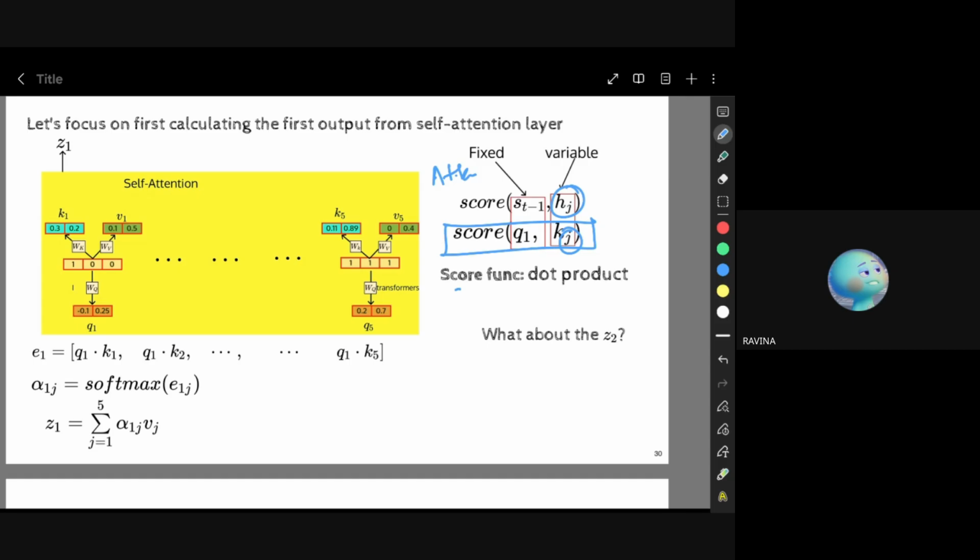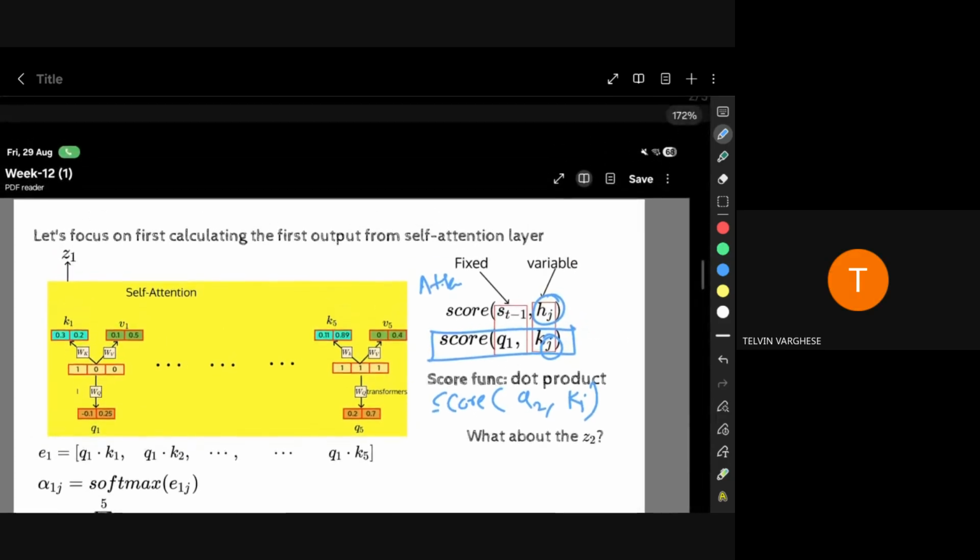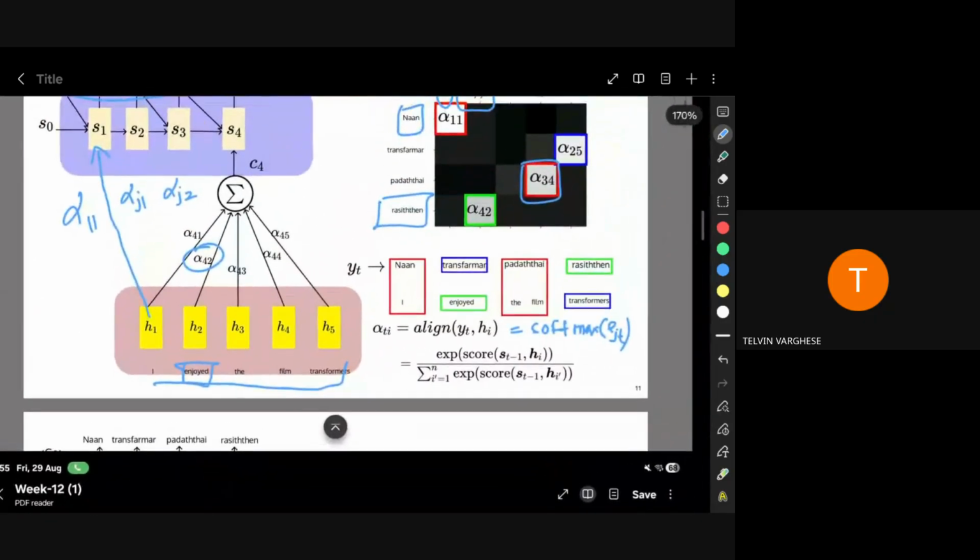This example is for 1, but of course you have to do the same thing for the score of Q2 and then all the K_j, right? What is the score calculation? The score is the one we did earlier. It's softmax, a dot product basically.